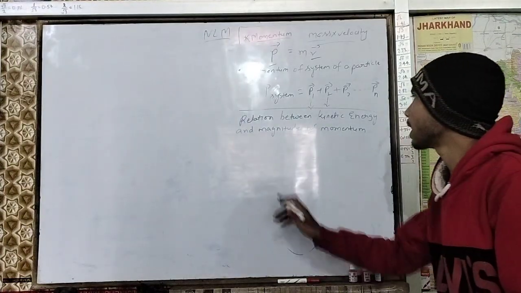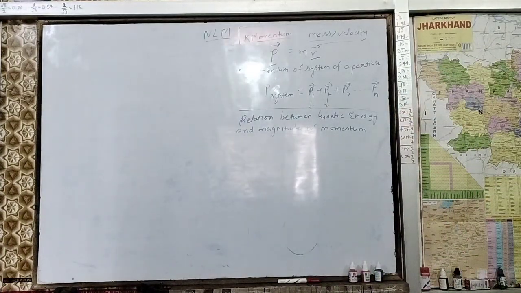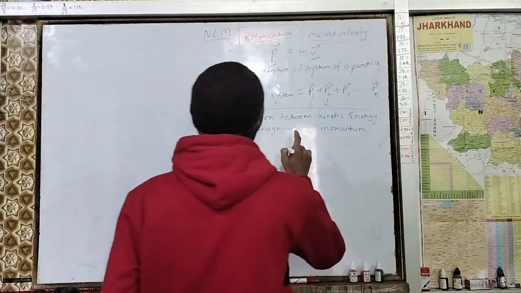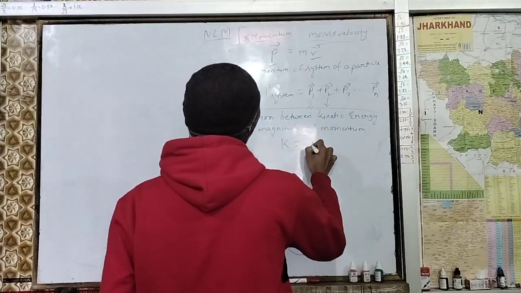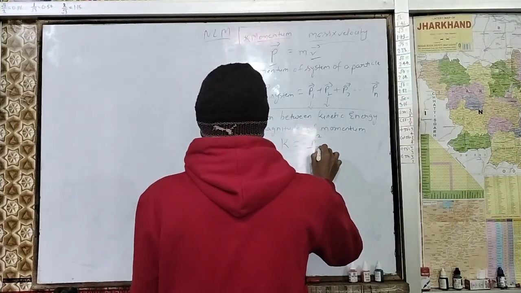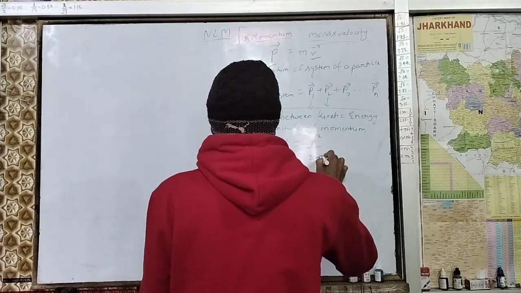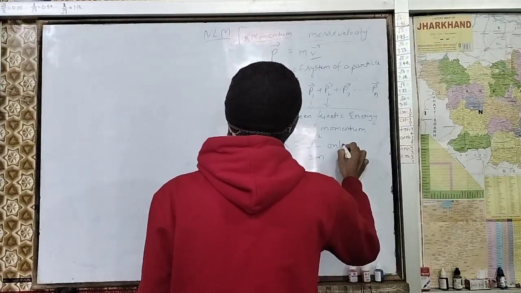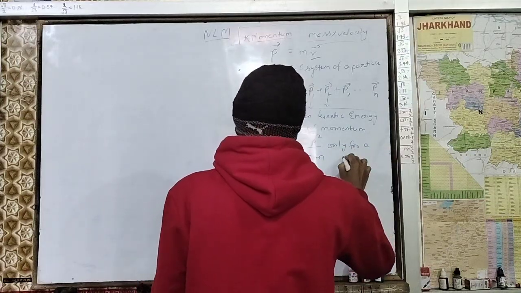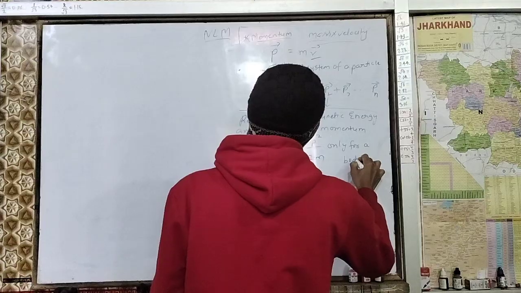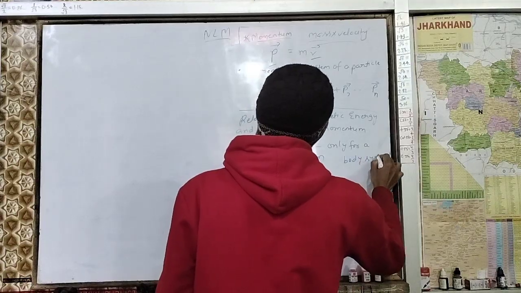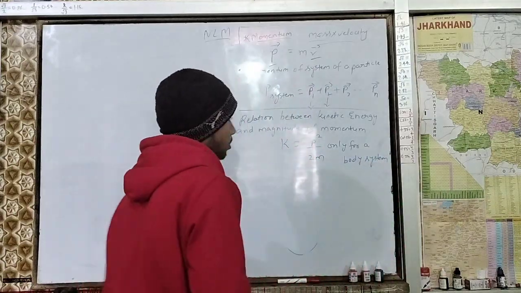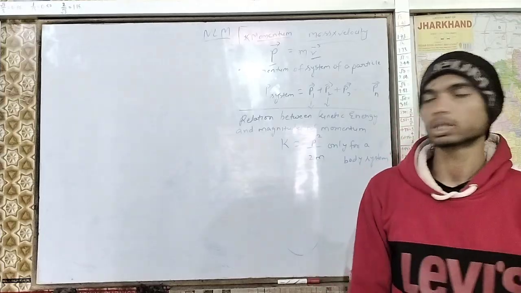It is talking about only the magnitude of momentum without direction. So K is equal to P square upon 2m. This is valid only for a body system.